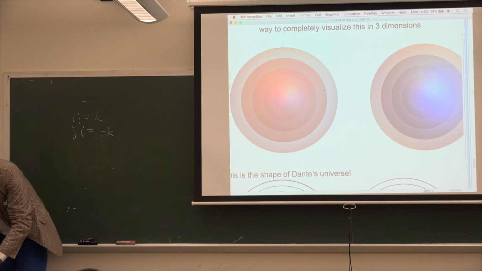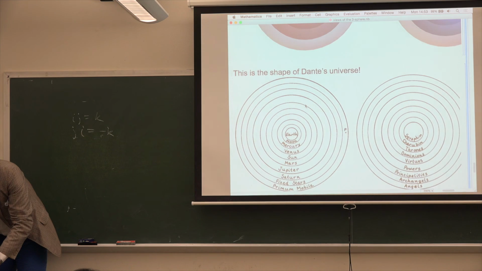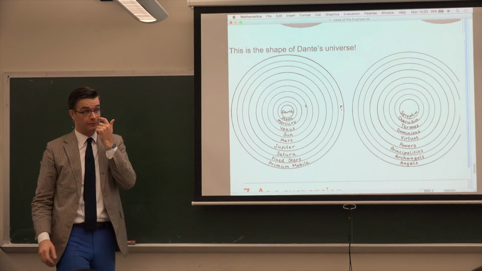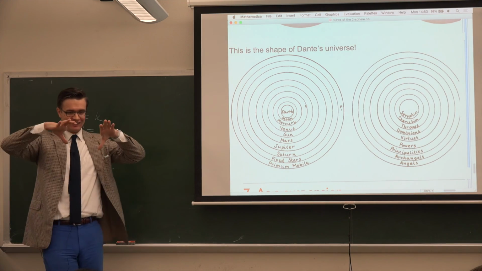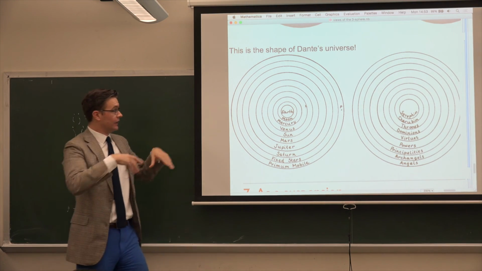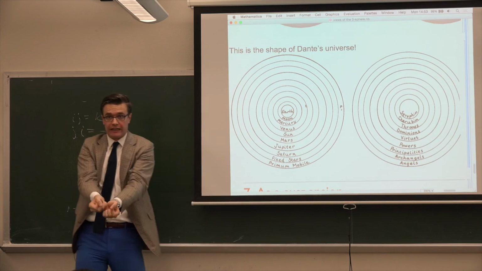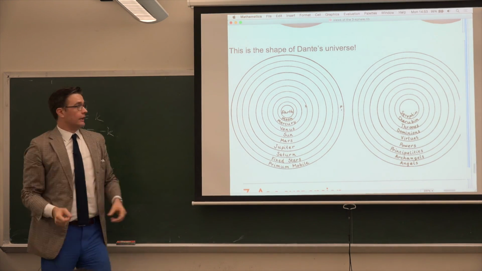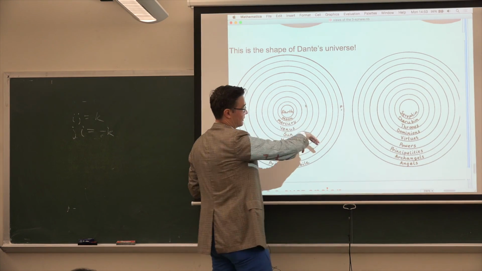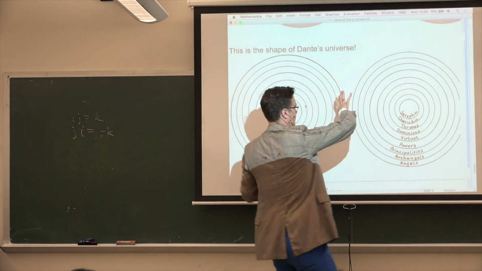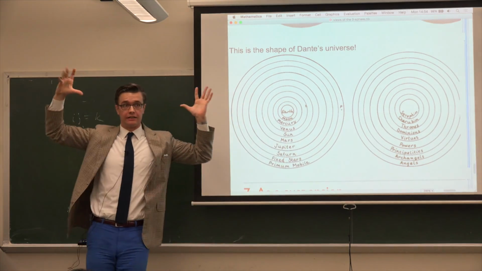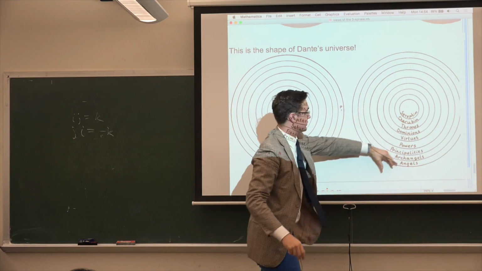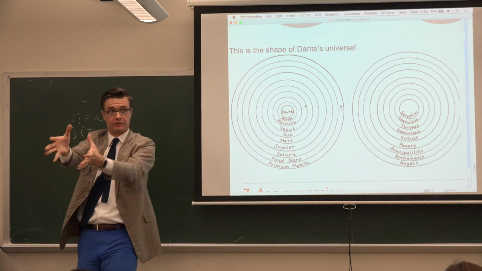Let me just say that if you read Dante's Inferno, this is, in my opinion, the shape of his universe, like the Divine Comedy, rather. So in the Inferno, you go inward until the ninth circle of hell is in the very middle, right? And then when you get to Paradiso, he starts at the outside, and God is right in the middle of these concentric spheres of angels and archangels and so on, right?